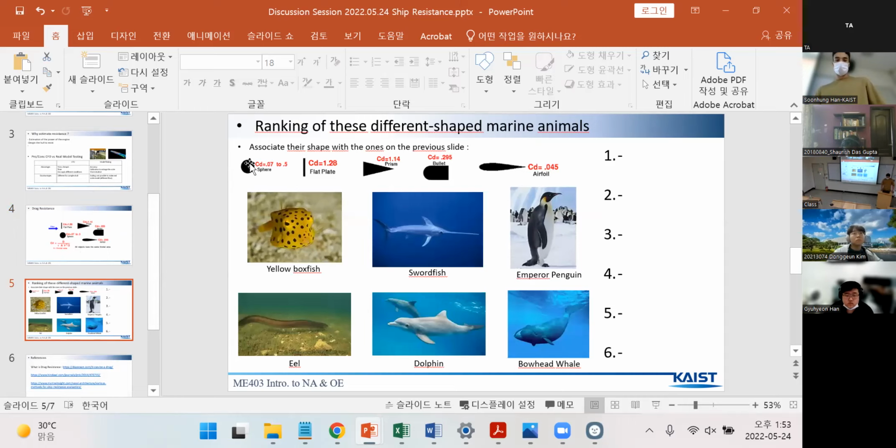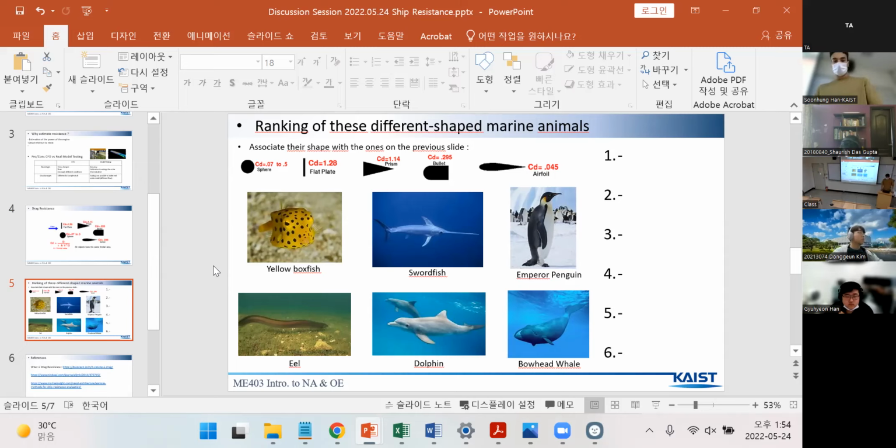So regarding these different drag resistance factors with the different shapes, you try to rank these different animals with their efficiency in the water.